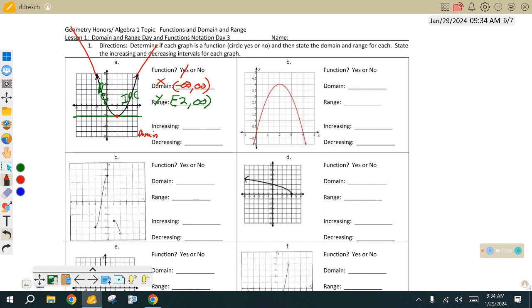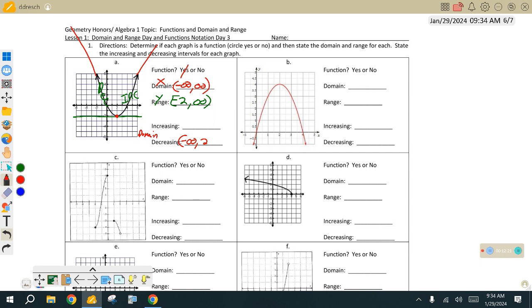It starts out here at negative infinity. It's decreasing way out here. And then where did it turn? Where did it flip to start increasing? What x value? 2. So where it flipped is where it's going to stop.